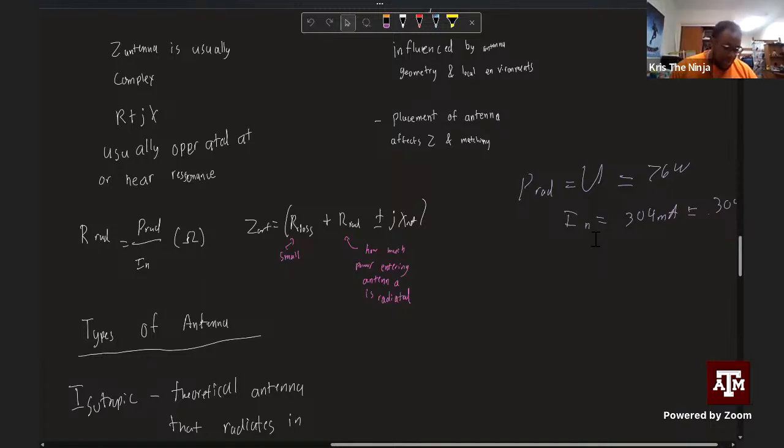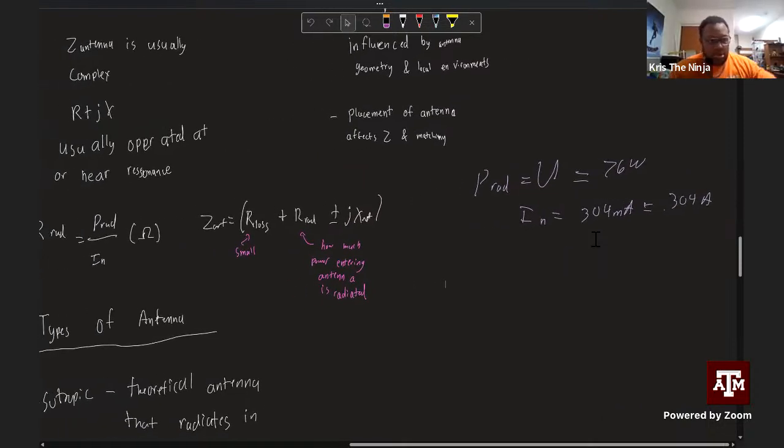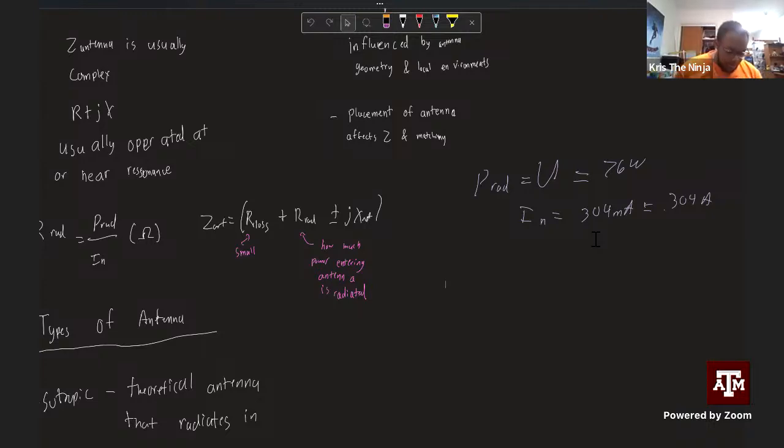So we can solve this. If we're going to solve this, we do P_rad over I_in squared. So 76 divided by 0.304 squared gives us 250 ohms of resistance, the power going into the load. So R_rad equals 250.